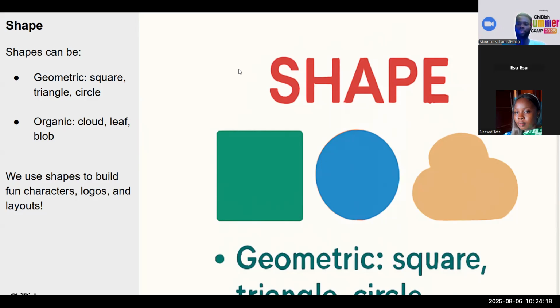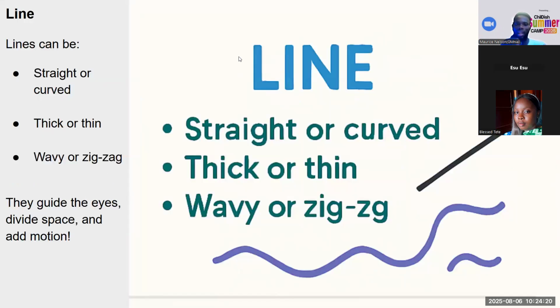is line, right? Why did I say line? So we have straight lines, we have curved lines, we have thick lines, we have thin lines, we have wavy lines, we have zigzag. All of them are a kind of lines, right? So what do lines do?